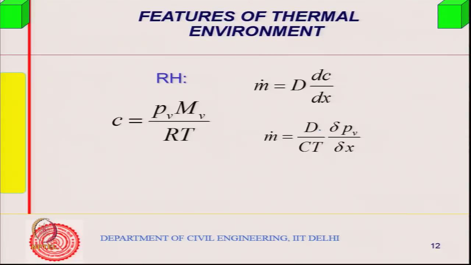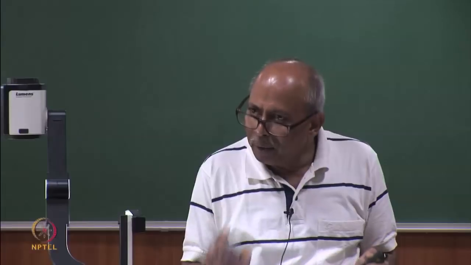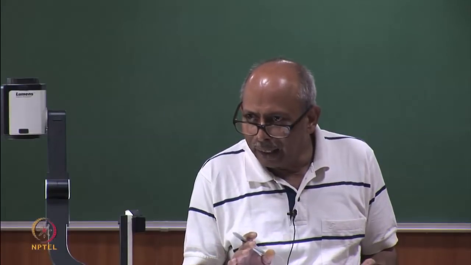So, m dot, now I can replace this with Pv; I can write it like this, the diffusion coefficient times dC/dx. You differentiate this with respect to x, this is constant, and let us say temperature is constant, then this will be a function of simply the vapor pressure gradient. So, mass flow is a function of vapor pressure gradient, right.